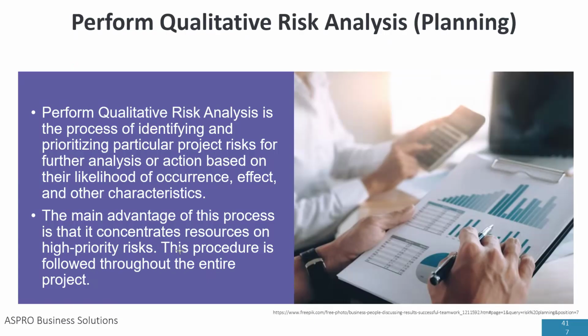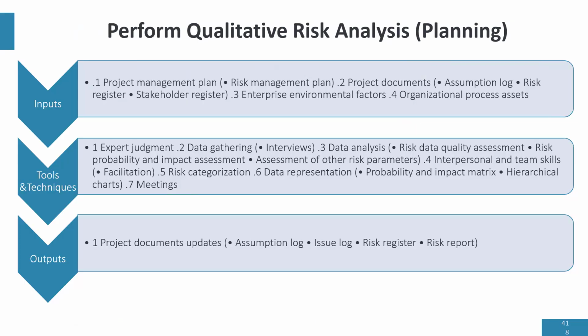It's a subjective analysis. It helps us to focus on risk based on their characteristics, so that we know which risks are low, medium and high ranking and can manage accordingly.